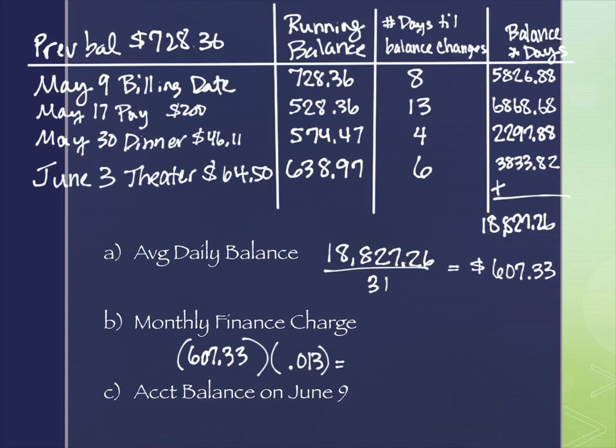What do you get? It's a dollar amount, so I put the dollar sign. 7.89. I have 7.90. Oh, yeah, no. Does it round up? Okay.